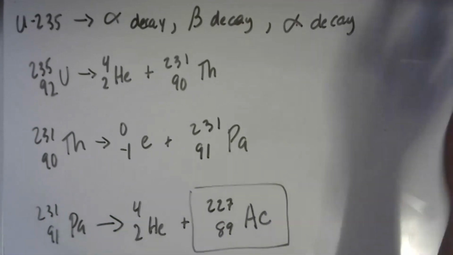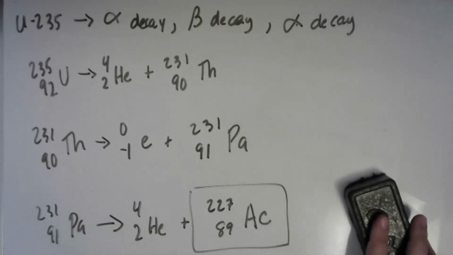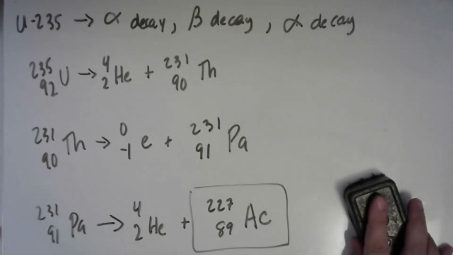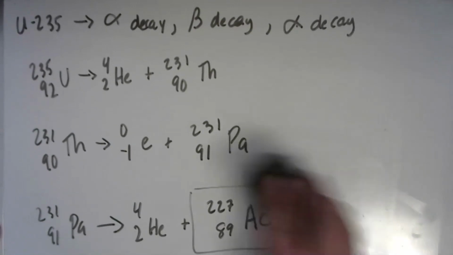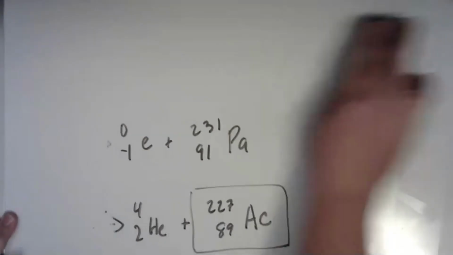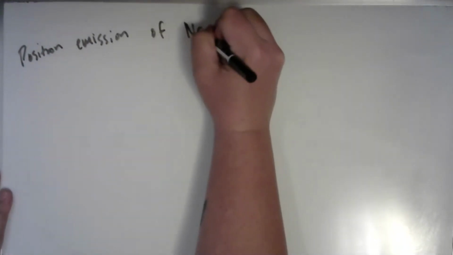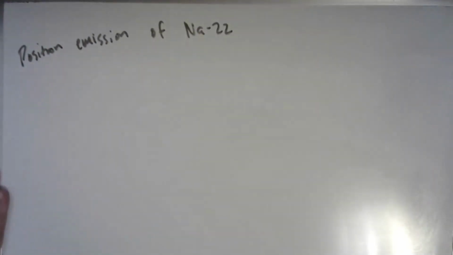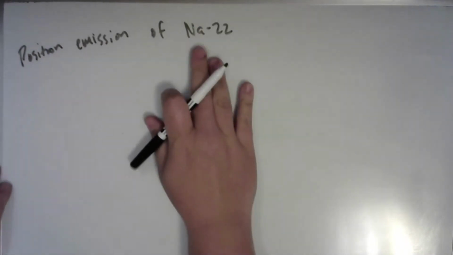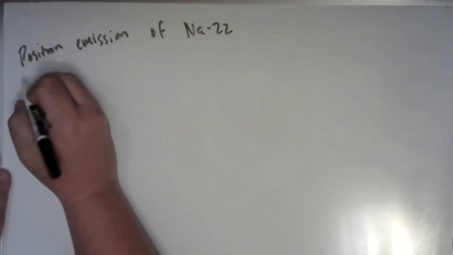Okay, the next question asks us to write the nuclear equation for the positron emission of sodium-22. Okay, the positron emission of sodium-22. And again, you just want to start by writing out the isotope notation for sodium-22.